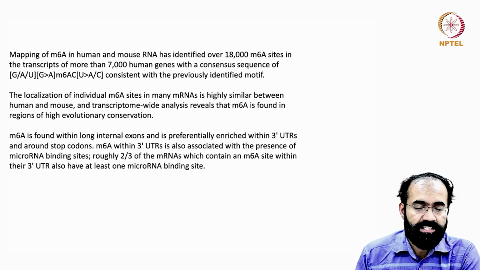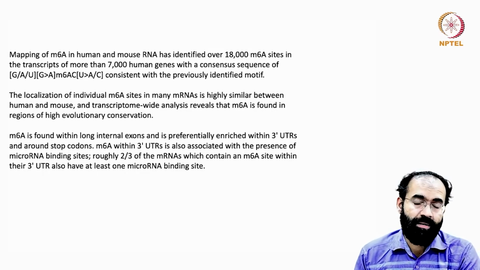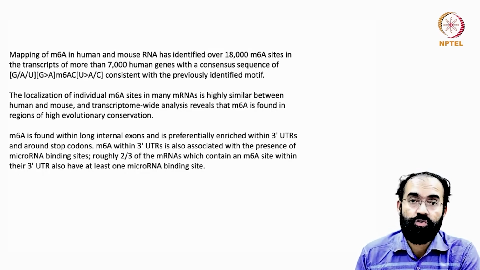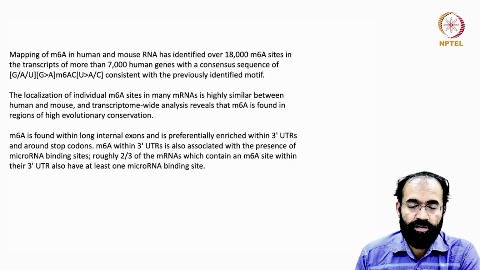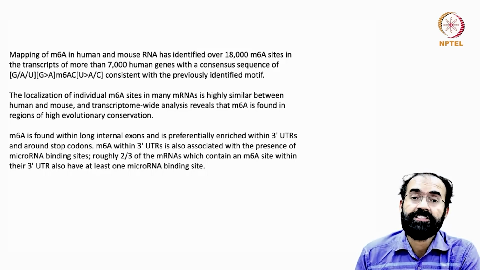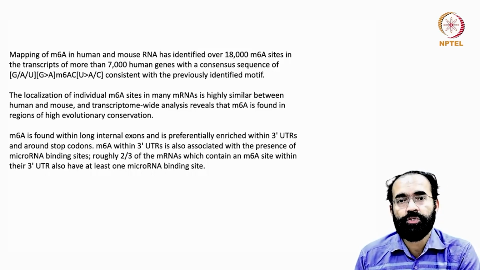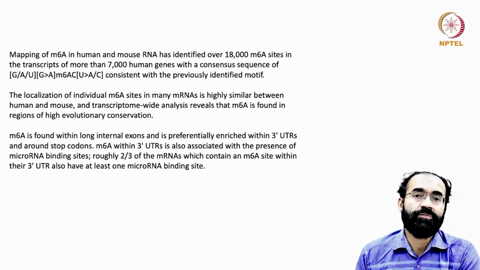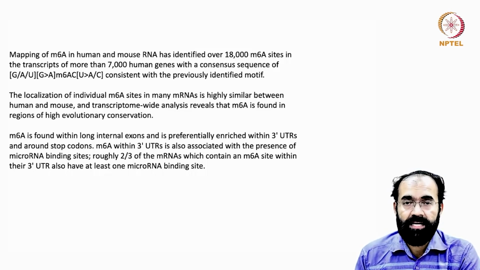The localization of individual M6A sites in many mRNAs is highly similar between human and mice, suggesting an evolutionary conservation. And the transcriptome-wide analysis reveals that M6A is found in regions of high evolutionary conservation. So what it suggests is that such a mechanism of regulation is not randomly originated, it is evolutionarily conserved.